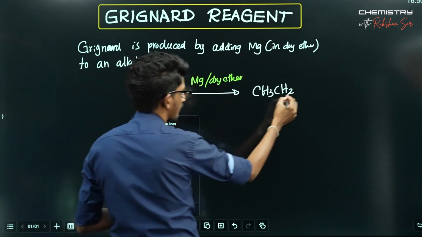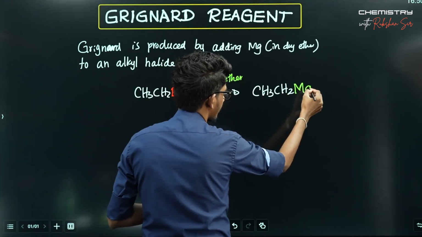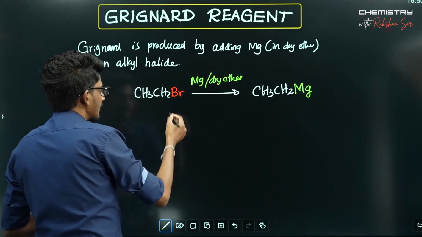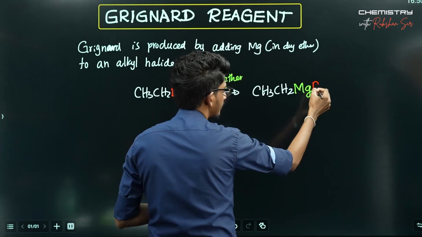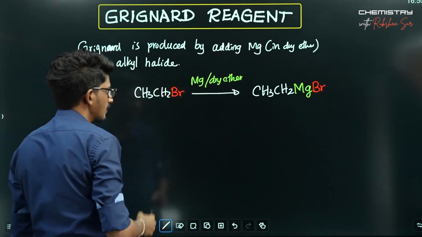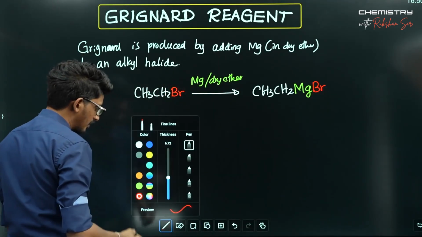This Mg comes in between the carbon and bromine. This is the Grignard. This is how the Grignard reagent is produced.